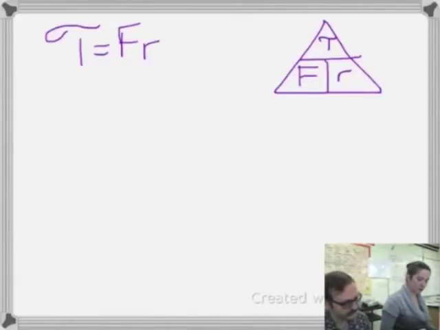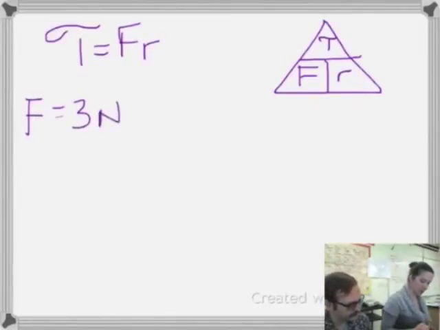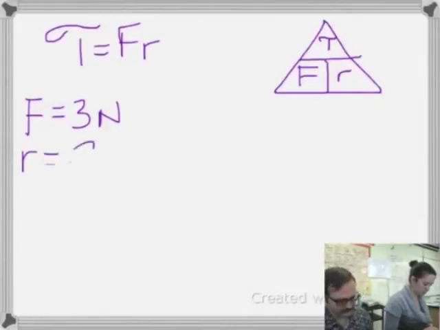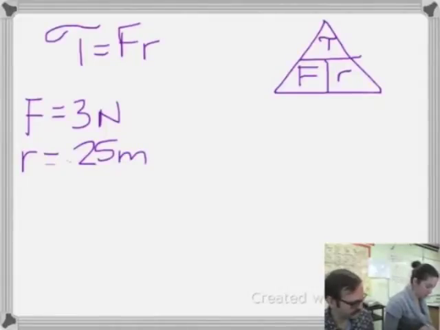Let's list what we have. We have force, which is 3 newtons. We have a distance, which is going to be the radius of this particular torque problem, 0.25. And we're solving for the magnitude of the torque.